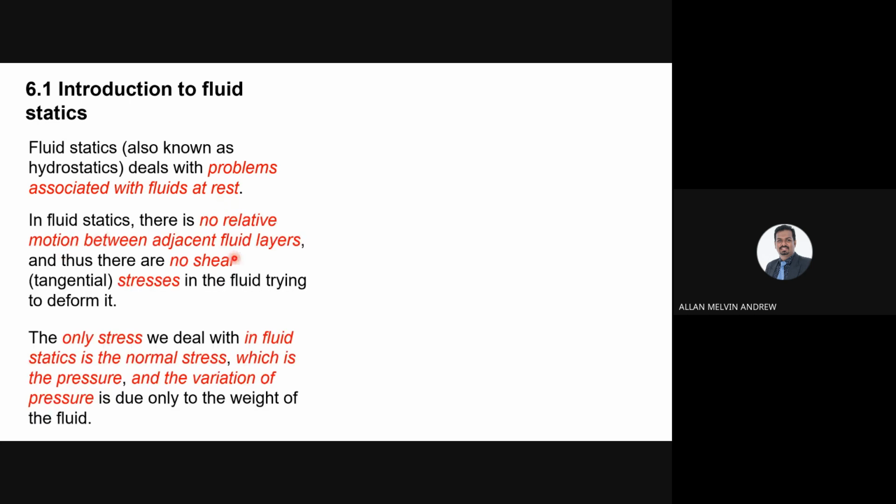In fluid static, there is no relative motion between adjacent fluid layers, and thus there are no shear or tangential stresses in the fluid trying to deform it. So what it says is, no movement between the layers. Fluid normally will have layers. Since it's not moving from one point to another point, there is no tangential stress. Tangential stress means stress at the surface level.